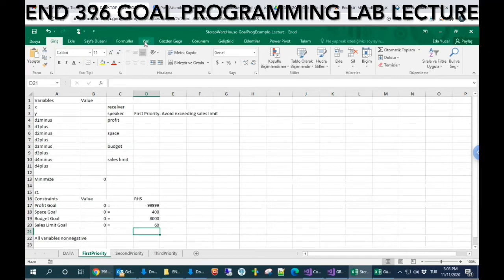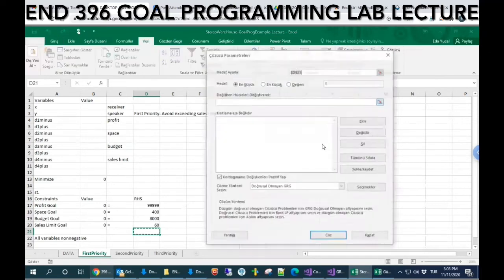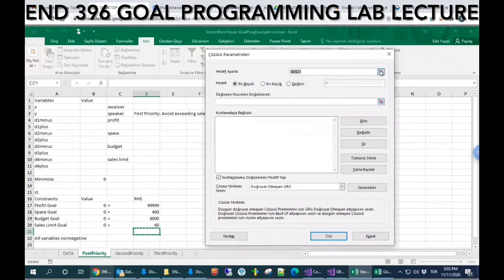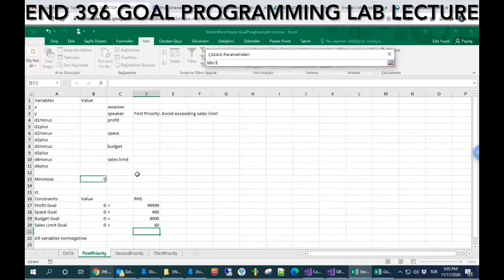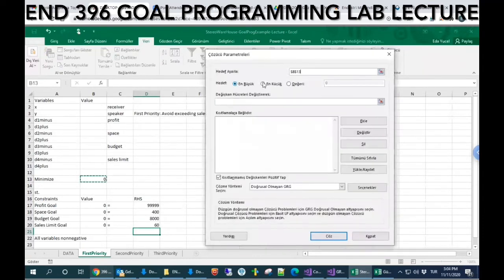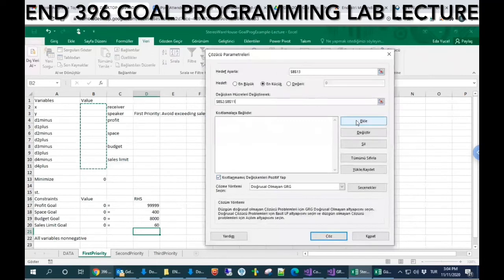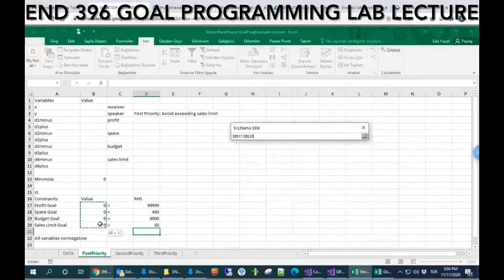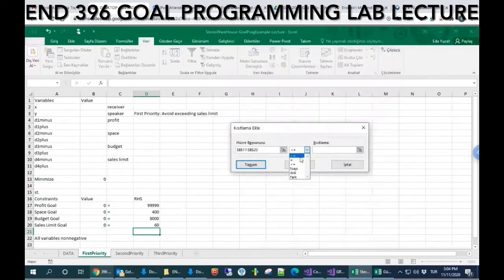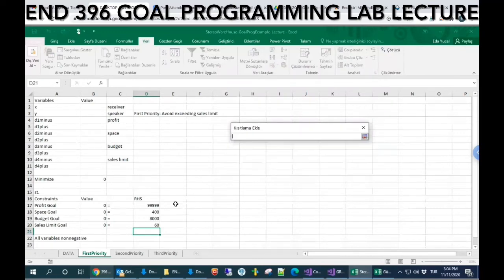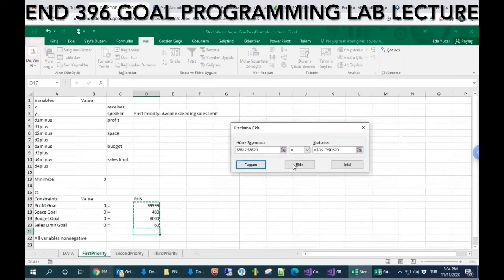So we can enter the solver parameters. This is our objective. This should be minimized, and these are our decision variables, right? And all constraints are equality, so we can add them as a single constraint to our model, okay?